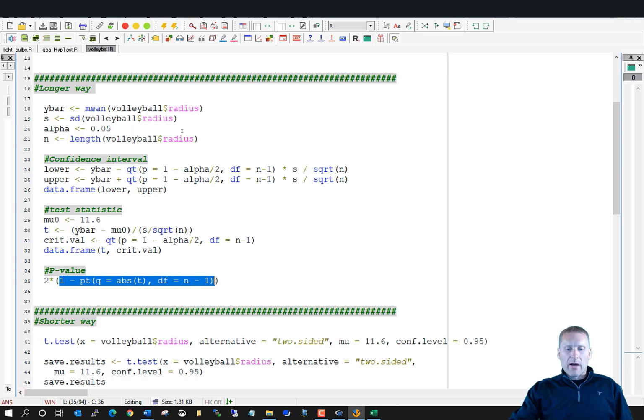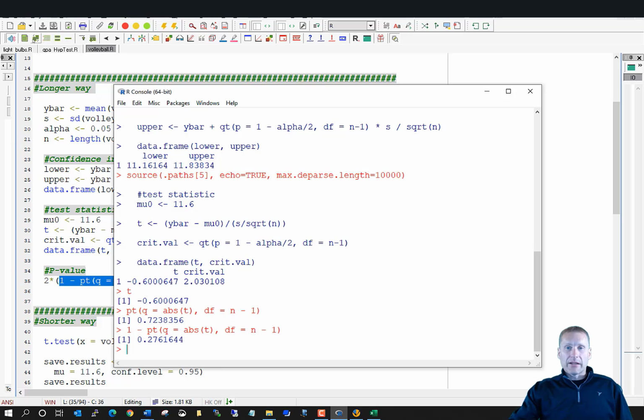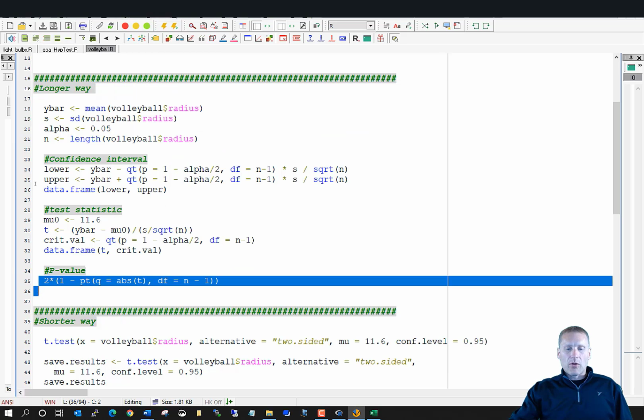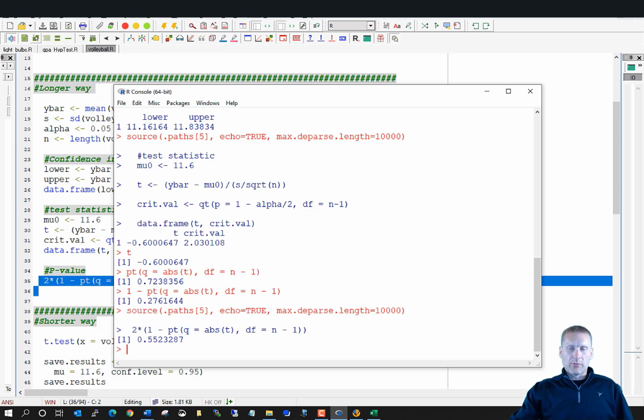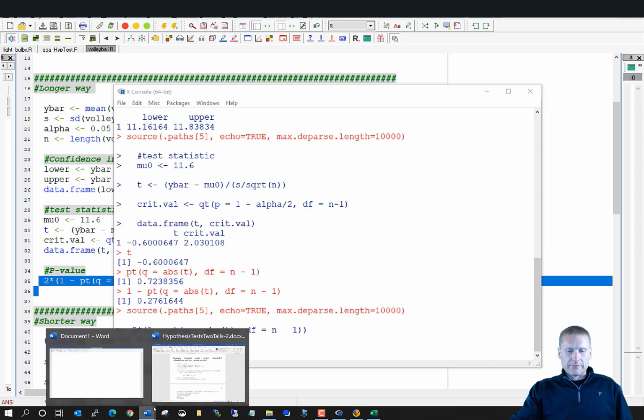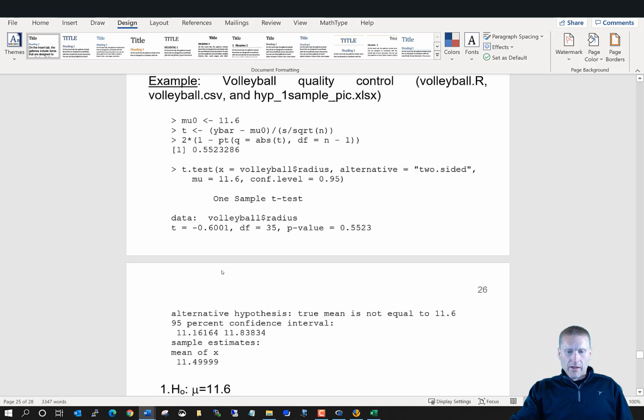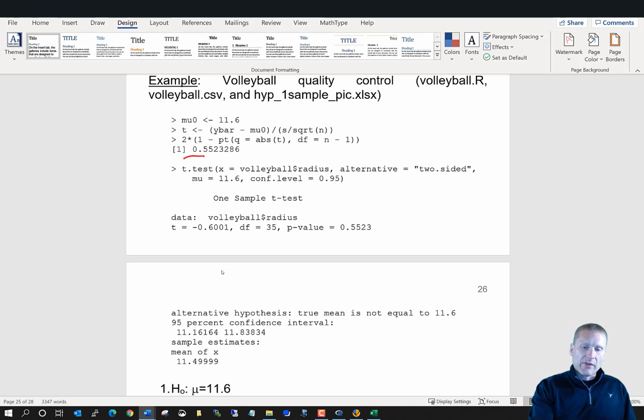I do 1 minus it, do the complement, I get 0.27, and then I'm going to multiply it by 2 because I can reject both on the left side and the right side of the t distribution, and get a p-value of 0.55. Also, from using the t.test function, notice it actually gives you a p-value of 0.55 as well.